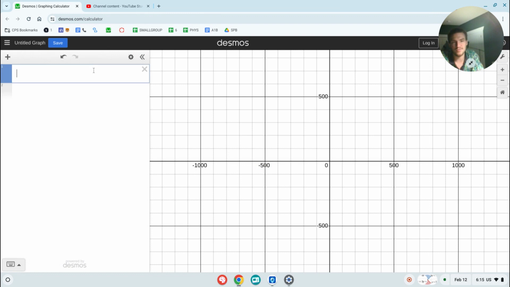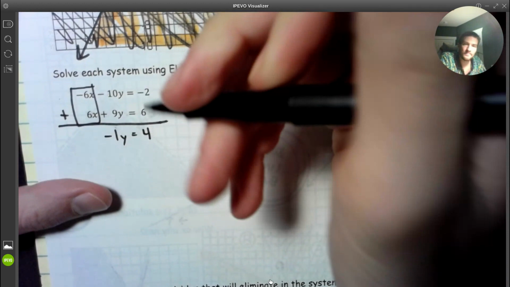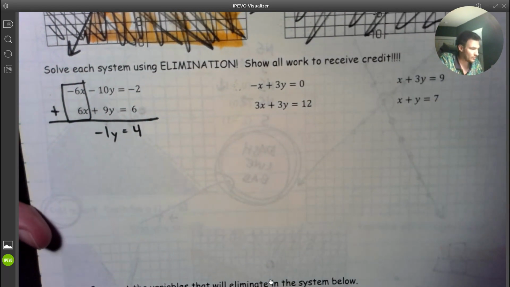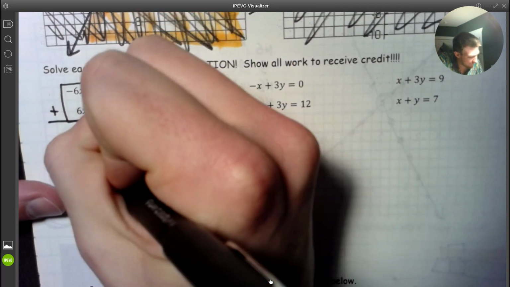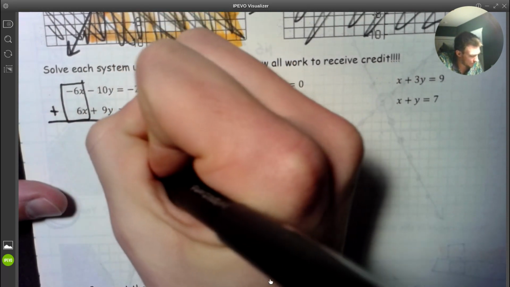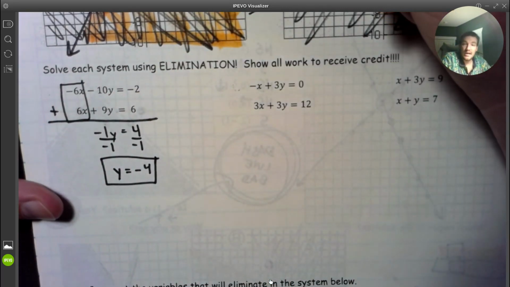Just go to Desmos, negative 10 plus 9. Don't stress about it. Negative 1y is equal to positive 4. Negative 2 plus 6 is positive 4. Divide by a negative 1, which never changes the number and always changes the sign. So we've got y equals negative 4.